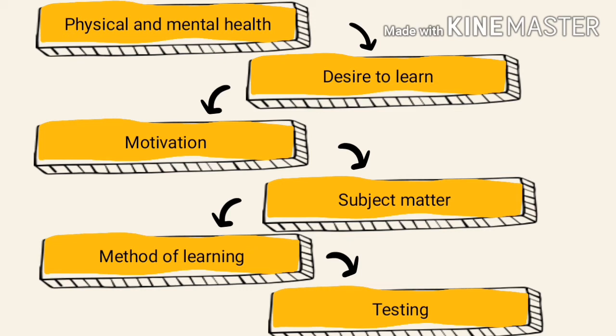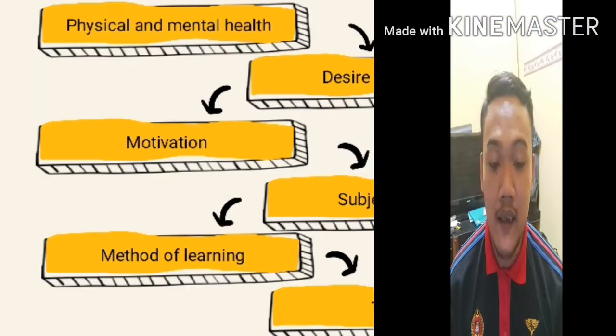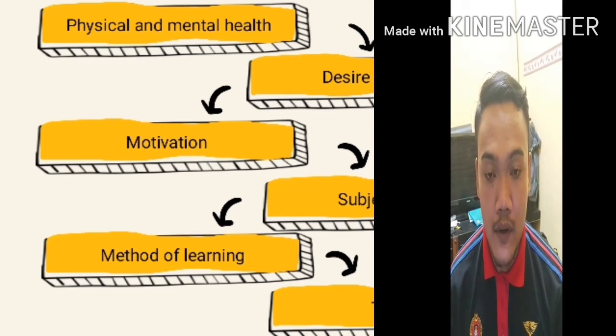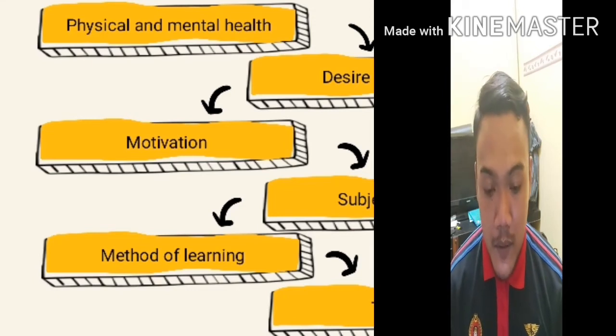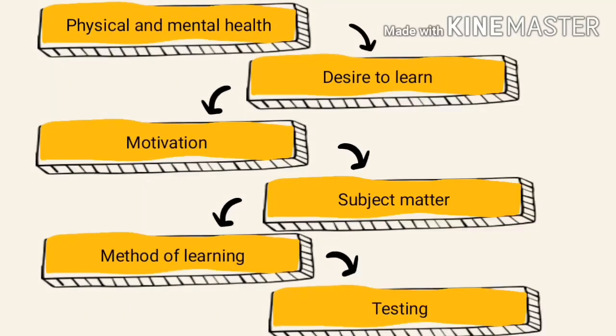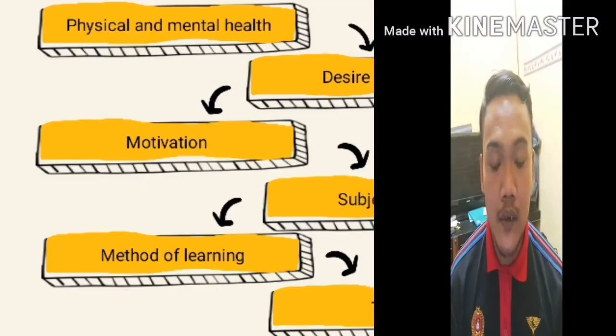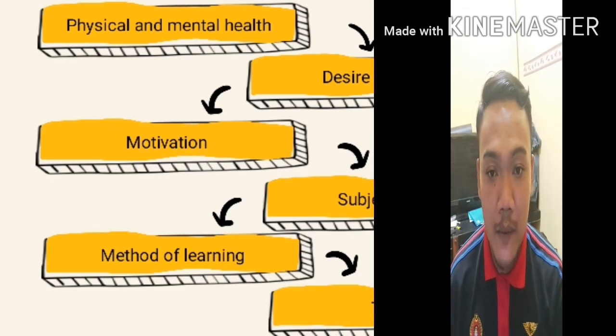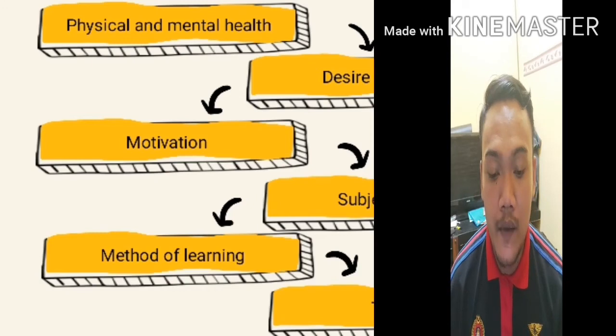A physically and mentally healthy individual can learn a new topic soon. A diseased body and mind weaken our memory. As we know, if we are not well, it is hard to learn and to adapt to a new topic or new subject. Next, motivation. Motivation occupies a very prominent place in memory. Motivation makes a difficult task easy. Meaning, for example, if we have good motivation, learning something new, understanding something new, and remembering something new is easier.